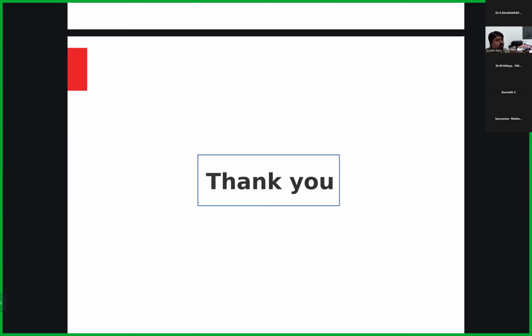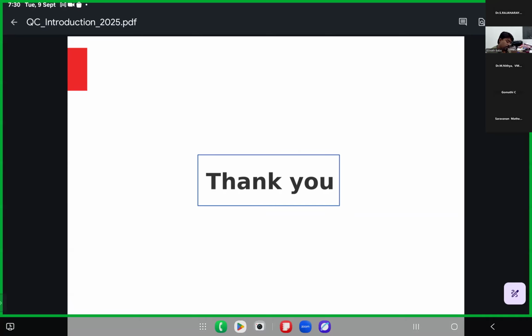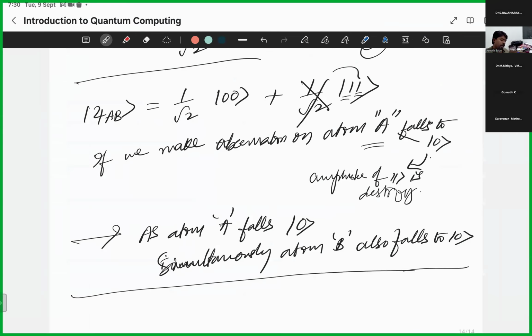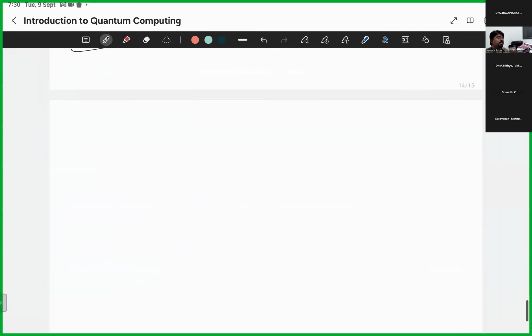Why can't we clone a quantum state? A very good question. Let me prove that by contradiction. Let's say I start with the simplest quantum gate, and suppose it does cloning for us. Take a CNOT gate. If you send a 0 with ancilla 0, it gives 0, 0.